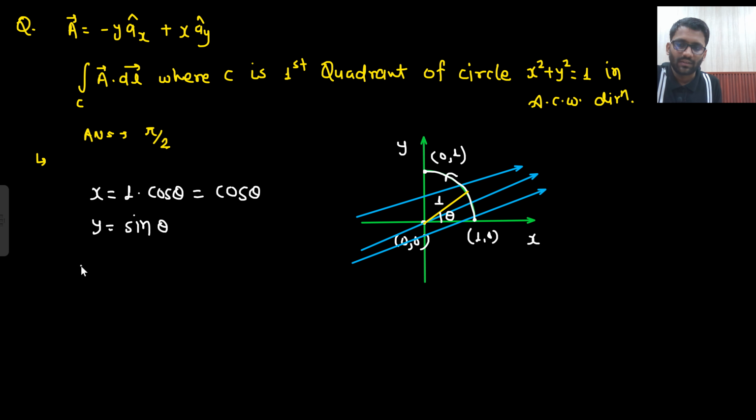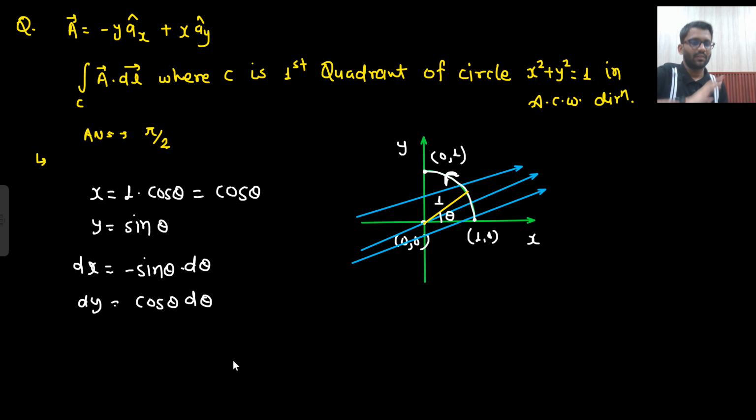Okay. For A dot dl, where C is in the anti-clockwise direction, they are saying you need to walk in the anti-clockwise direction. Direction is also mentioned. In this direction you need to walk. Okay. And dx will be what? Minus sin theta d theta, and dy will be what? Cos theta d theta. Well and good.